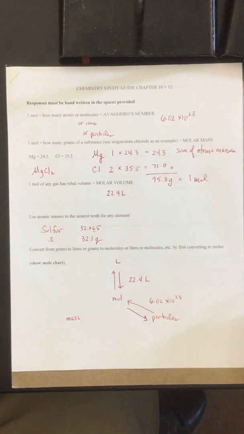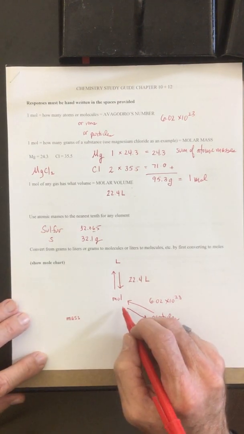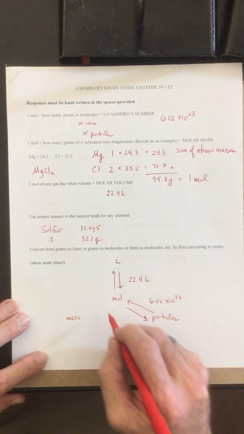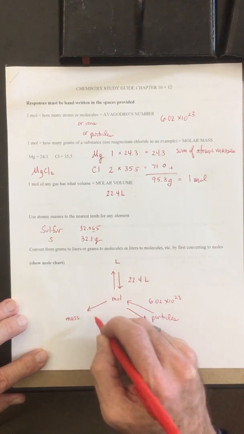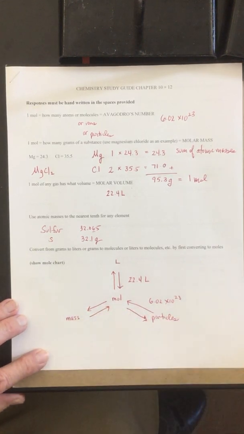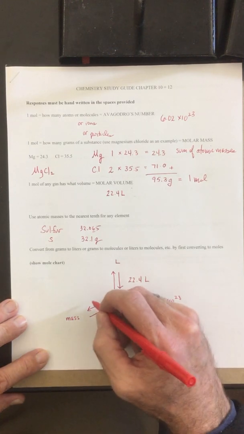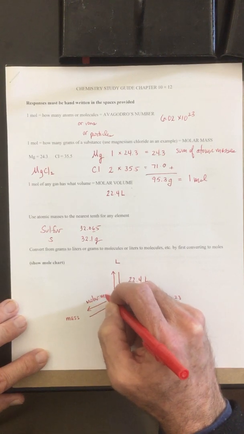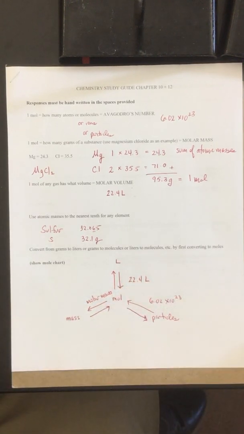And the last one is converting from grams to moles or moles to grams, and that's what we did up here. This is the molar mass of a substance, which you will have to determine based upon the mass of each element and the subscripts indicating the number of atoms in that compound.